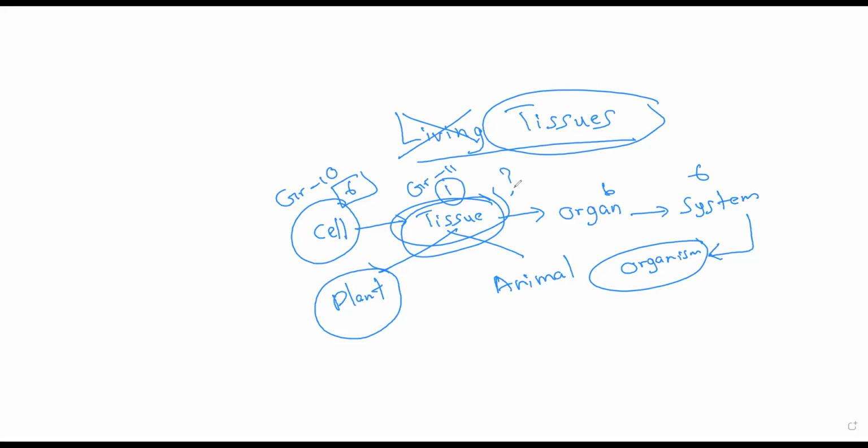Just take our body. In our body, there are so many systems, right? We have the respiratory system, excretory system, and digestive system. Because we have a respiratory system, we can breathe. Because we have a digestive system, our food gets digested and we get energy.